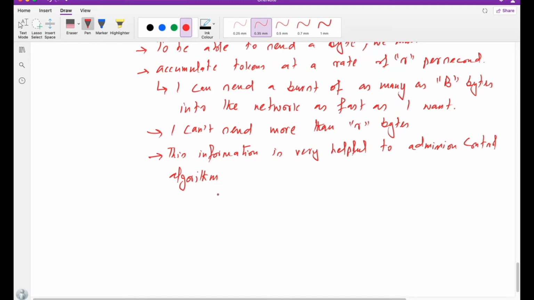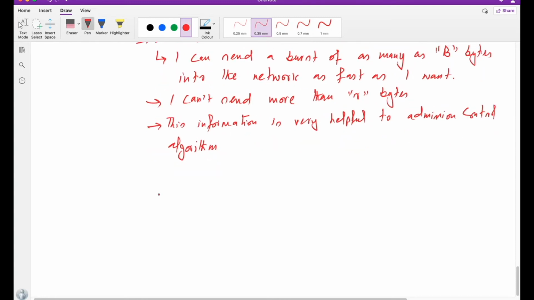Why? Because it tries to figure out whether it can accommodate a new request for service or not. This is also the functionality of an admission control algorithm.